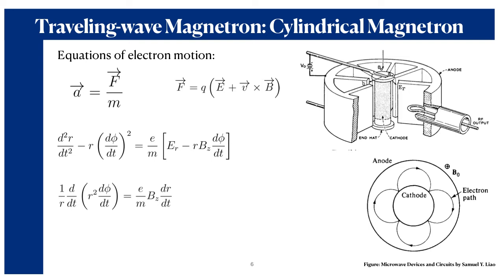So in this case, the electrons, or the particles which are being bent over here, are changing their angular momentum only due to the magnetic field.